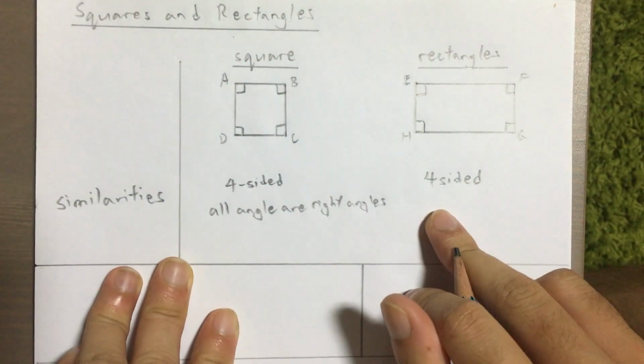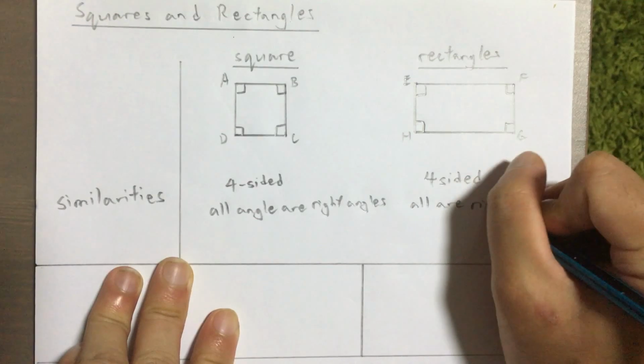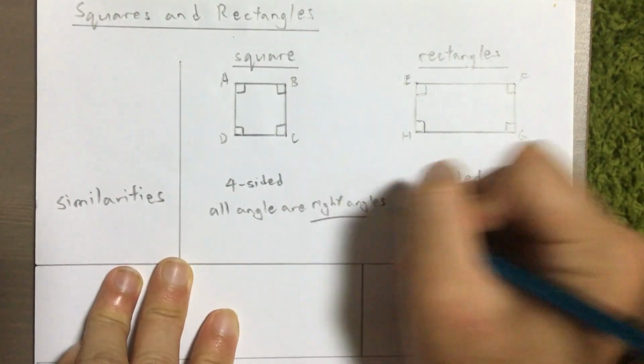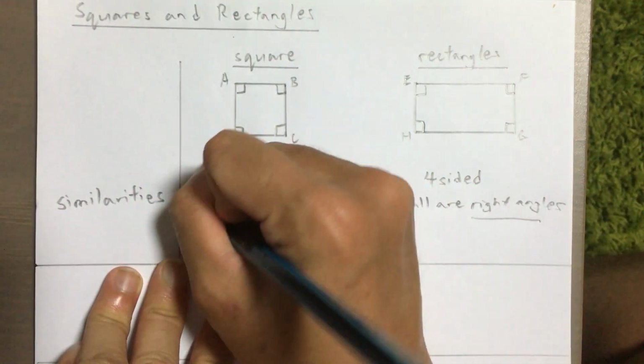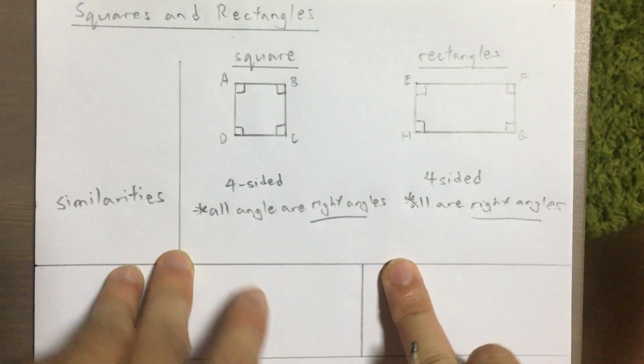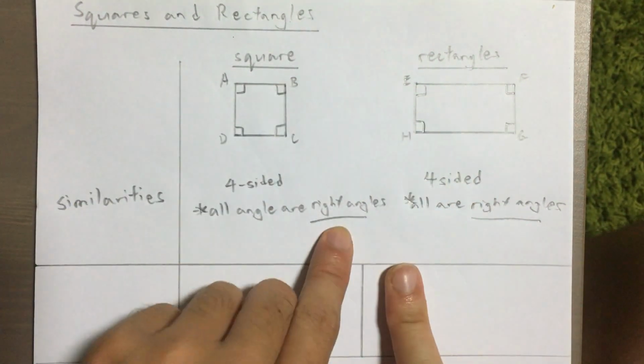Same thing over here as well. All are right angles. This is a very important property to know, because it will help you do a lot of problems later. Knowing that all the angles inside a square and all the angles inside a rectangle are right angles.